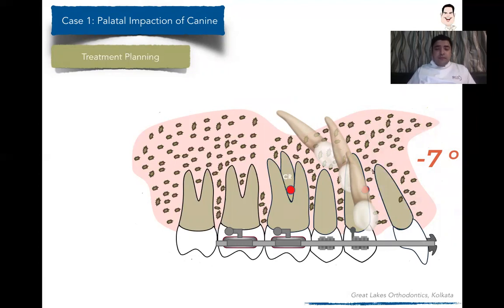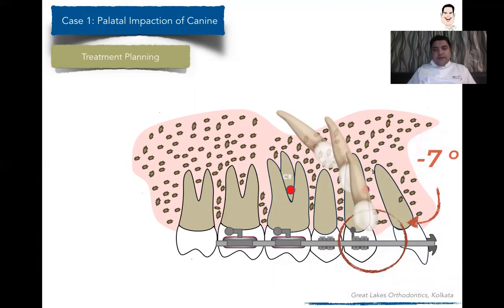It could also be that you could use auxiliary springs, something like a Francisca Tan torquing auxiliary. Here we are planning to do it with the modified versatile brackets. So we are planning to put a -7-degree bracket in the canine once it comes into place.